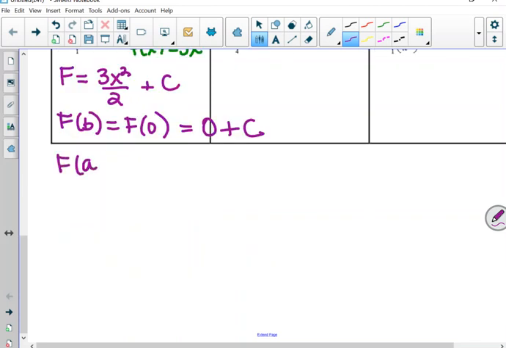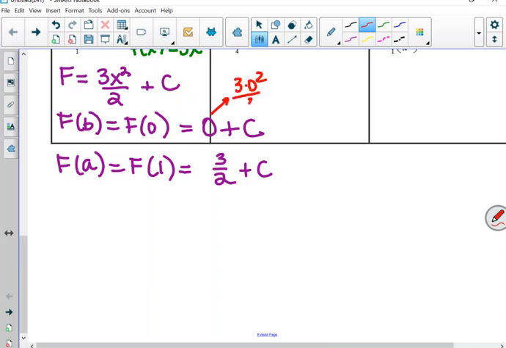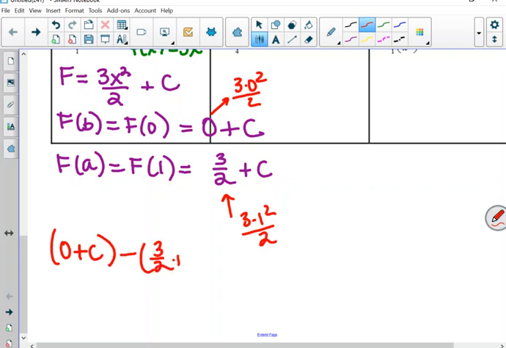F of a is F of 1, which is 3/2 plugged in. Because this is 3 times 0 squared over 2, and that's 3 times 1 squared over 2. 0 plus c minus 3/2 plus c is negative 3/2.